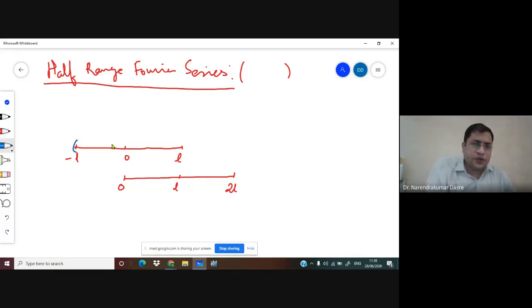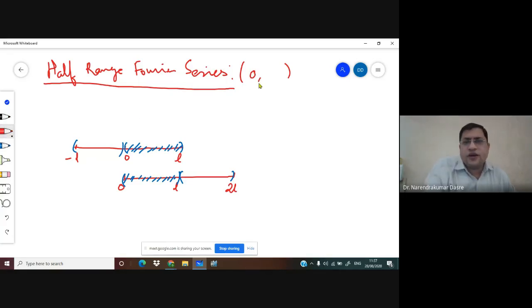If I consider the half of this, then this is the half and this is the half. And for this interval too, this is the half and this is the half. So what is common to both of these types is 0 to L. If I consider half of the interval, then this is called half range Fourier series.